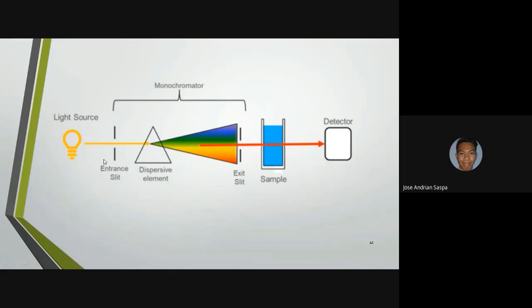To differentiate peaks in a spectrum, the bandwidth and the slit width need to be adjusted. This exit slit can be adjusted. You can move this one to choose what color you would like to strike the sample and pass through.